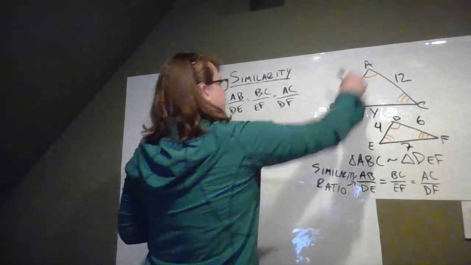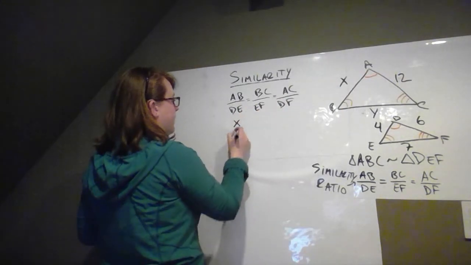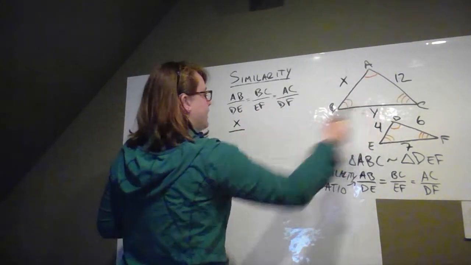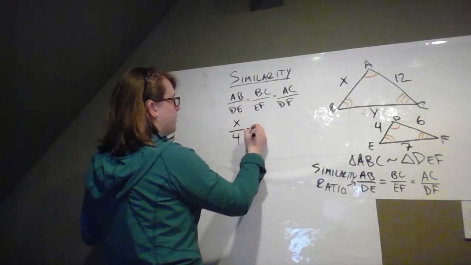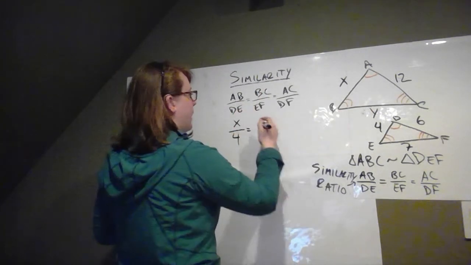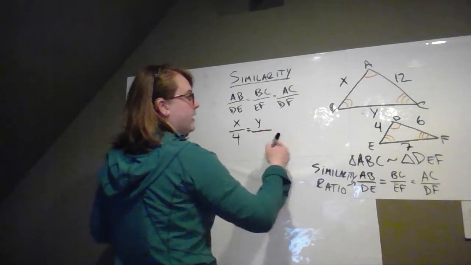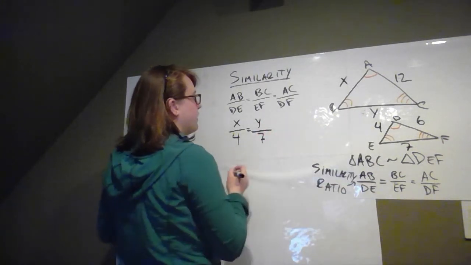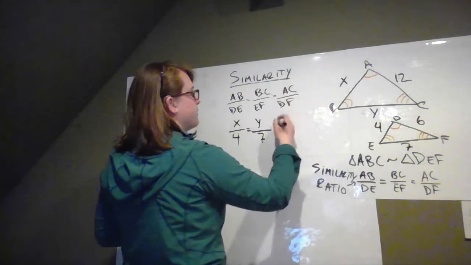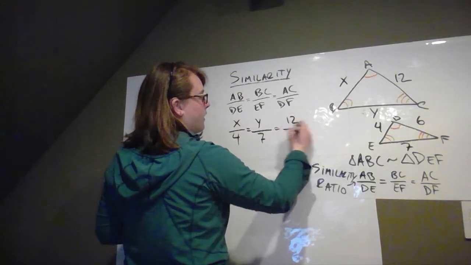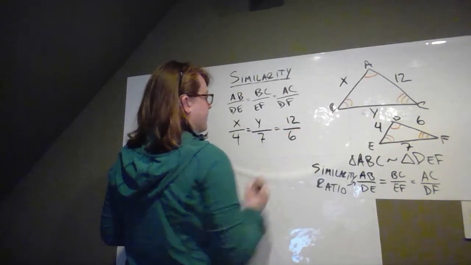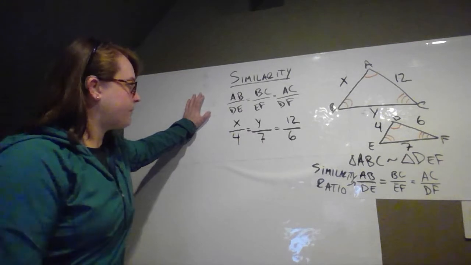So AB is X. So I'm going to plug that in. DE is 4. BC is Y. EF is 7. And then AC is 12. And DF is 6.